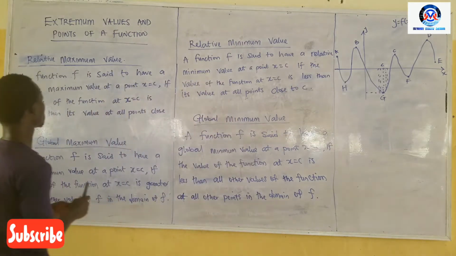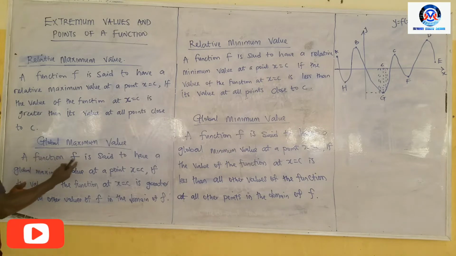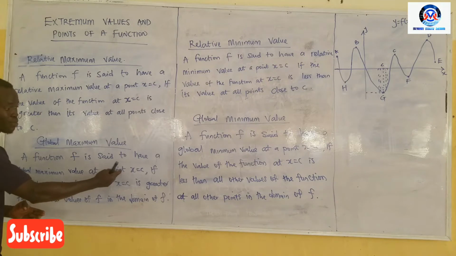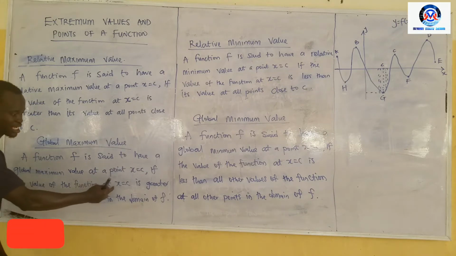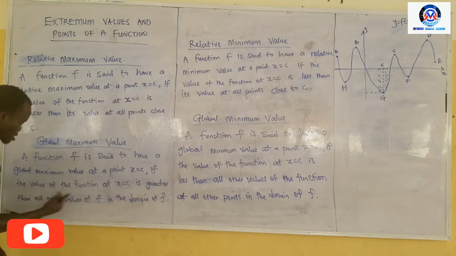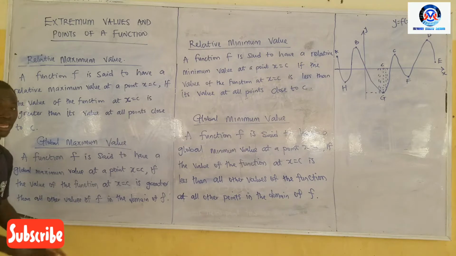So now, let's talk about the global maximum value. A function f is said to have a global maximum value at a point x equals c if the value of the function at x equals c is greater than all other values of f in the domain of f.